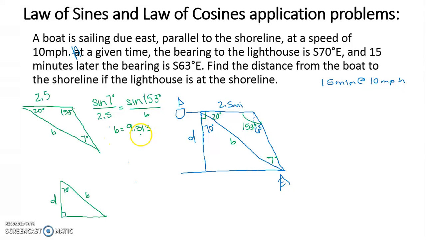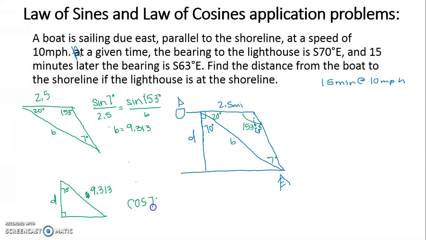I wrote this out with 3 decimal places because I really don't want to round until the very end of my answer, and that at least gave me some numbers to write down. Do try in your calculator not to round though. But I'm going to bring that down here, 9.313. Now for this triangle, I know the hypotenuse, I'm trying to find the adjacent.